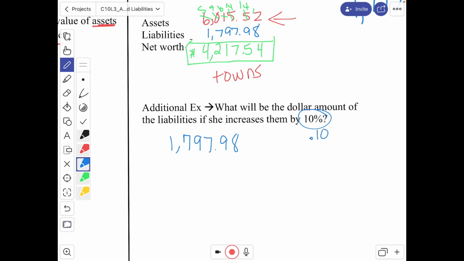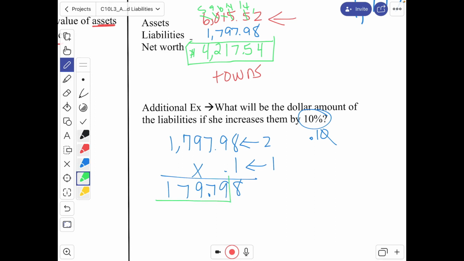Remember, if there's a percent involved, we change it to a decimal and multiply. And I'm going to drop that last zero to make it just a little bit easier. And there's 2 decimal spaces plus one more makes it 3. And then money can only have 2 spaces, so I need to round that. $179.80. That's how much she's going to increase it.